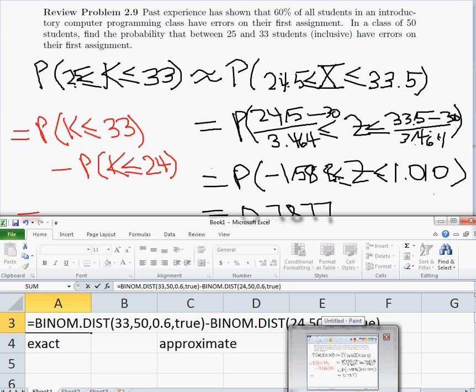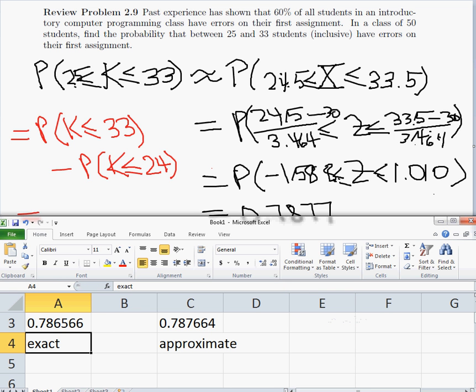This would be the exact answer using the binomial distribution, which is 0.865. So basically the two answers agree to 3 decimal places, which is a very good, accurate approximation using the bell curve.